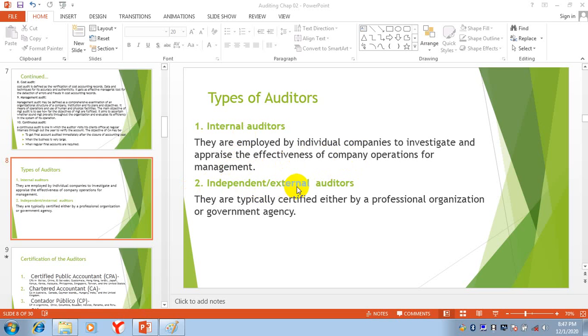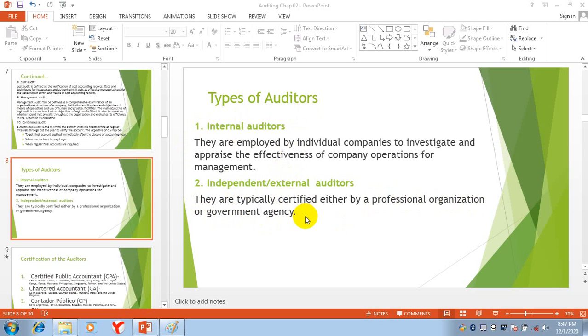The second one is the independent or external auditor. They are typically certified either by a professional organization or government agency. Basically, independent auditors, external auditors, are not hired by the organization.